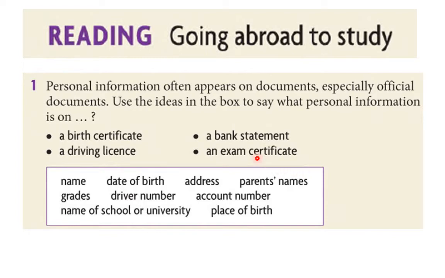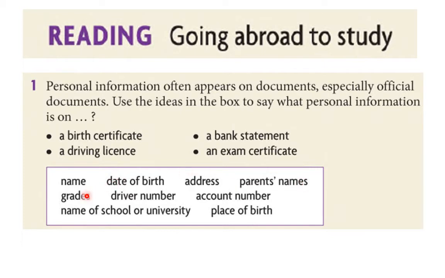an exam certificate. An exam certificate is for students who have finished a course, and it should contain the name of the student, the date of birth, it is not important, address, not important, parent's name, again, in our country, it is important.